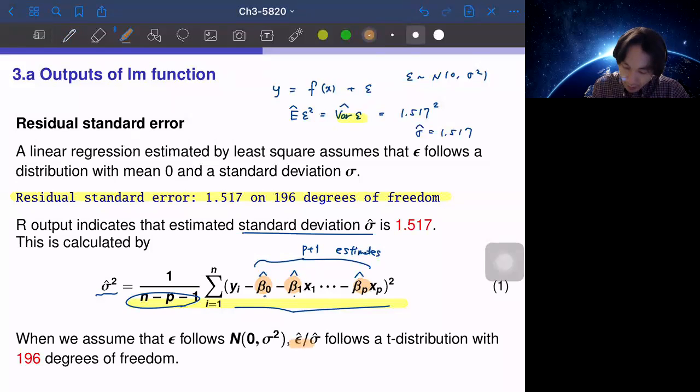And this residual divided by sigma hat, this follows the t distribution with degrees of freedom 196. So t distribution is defined by the distribution of this.